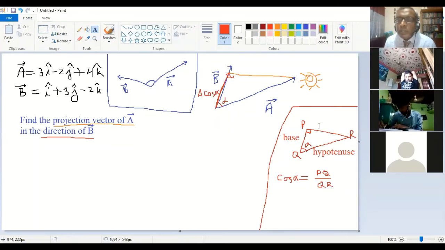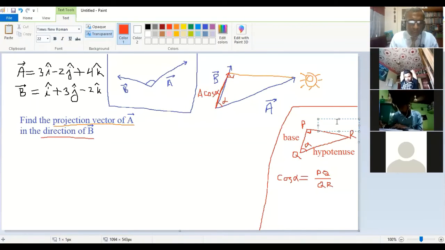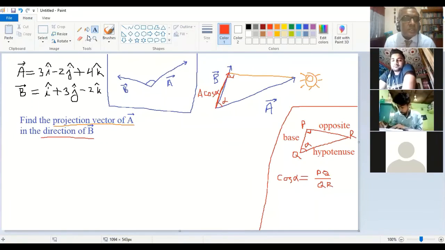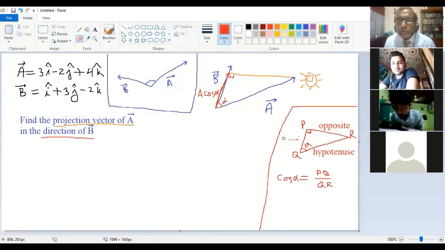Okay, what will be the PR? That will be the opposite. Instead of writing base, let me use another word: adjacent. Yes, adjacent.